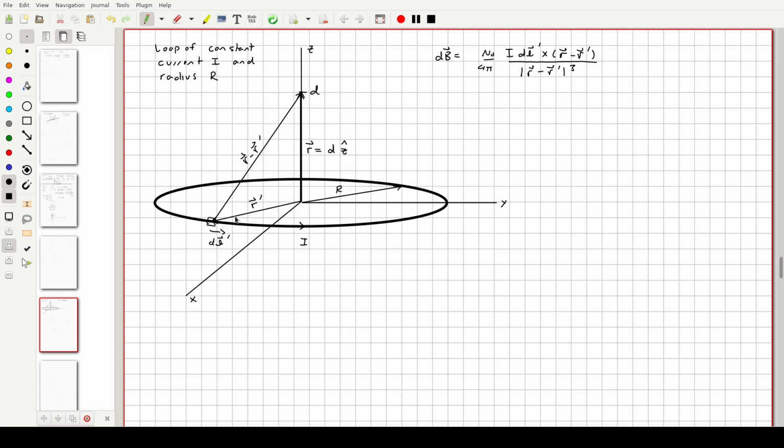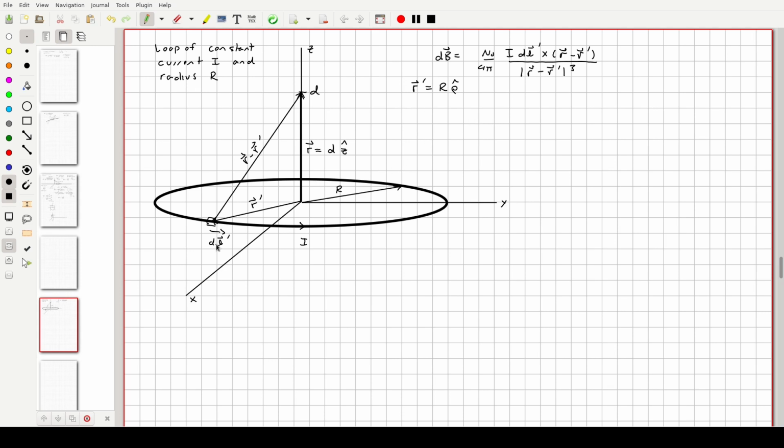So we would say that r prime itself has a length of r, but points in the rho hat direction. Now, if you remember earlier, rho hat is in the direction of out along a radial line in the xy plane. When you put that together with the z, then you get the full vector for where something is located in cylindrical polar coordinates. But we're really not worried about that right now.